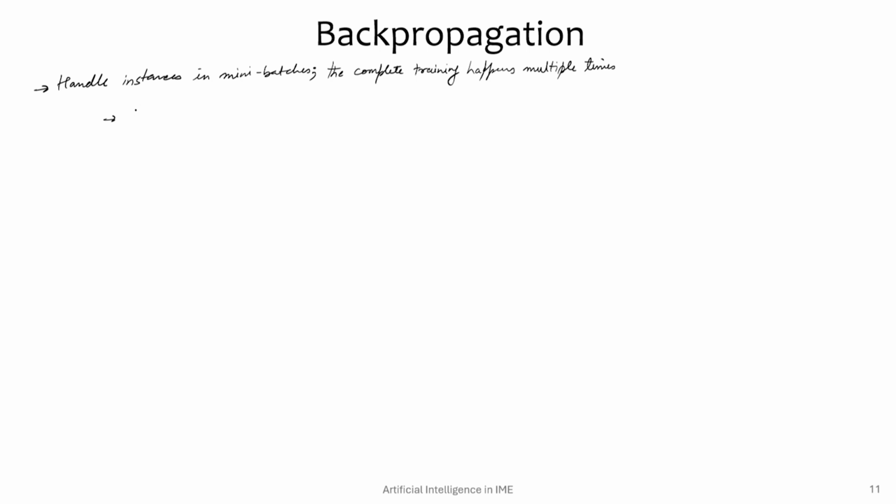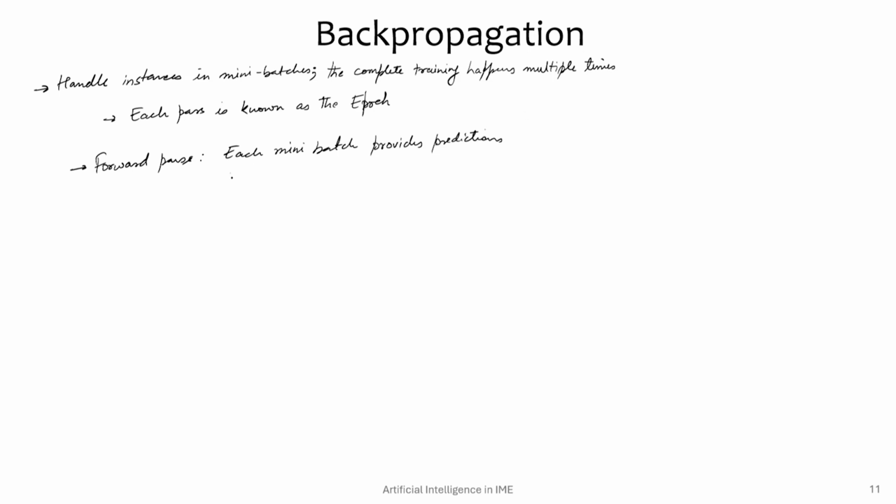Each pass is known as an epoch. Okay. So in the forward pass, each mini batch provides predictions and values get stored for the backward pass, right?